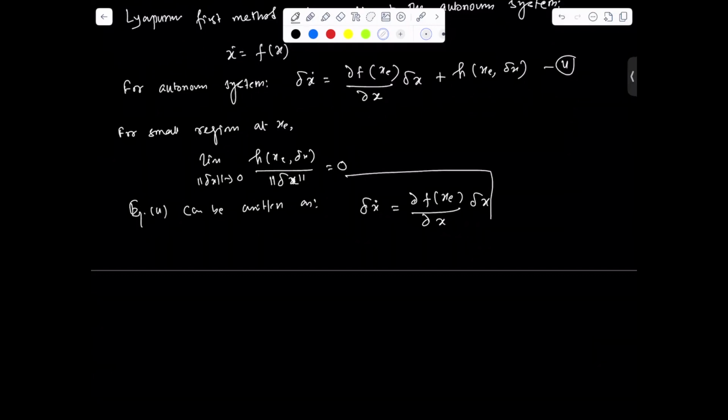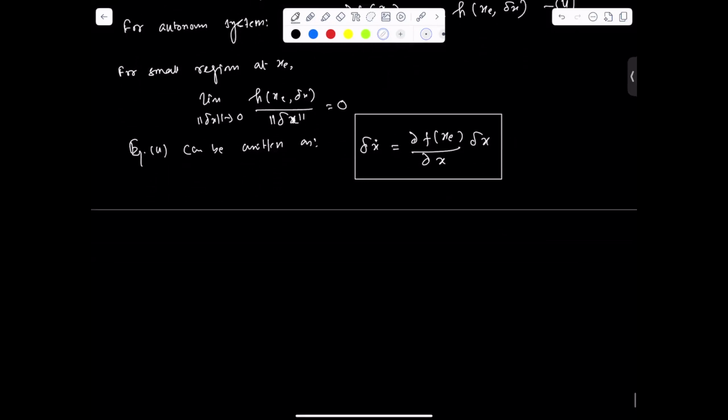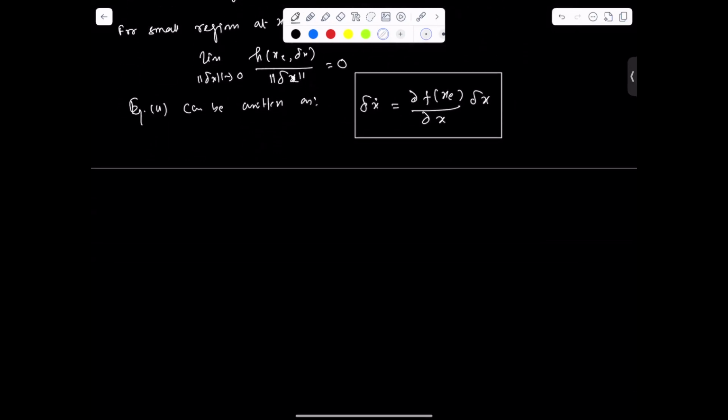So this is basically a linear system, and based on the Lyapunov first method, we have 3 different conditions for how we can check the stability of the system.